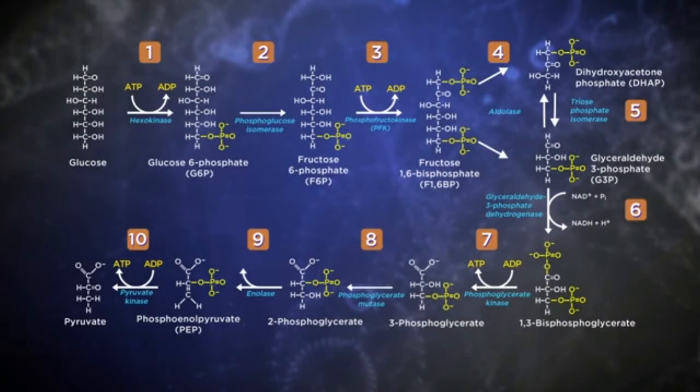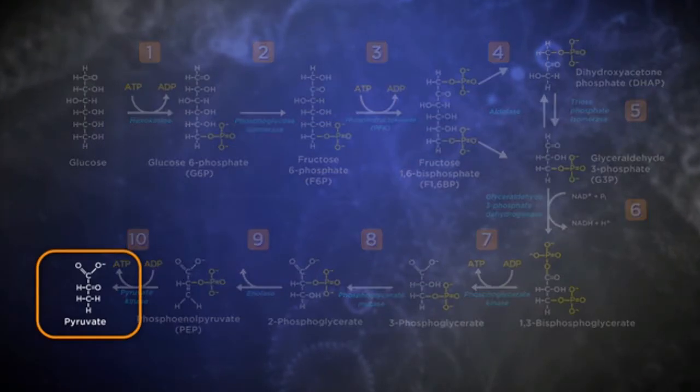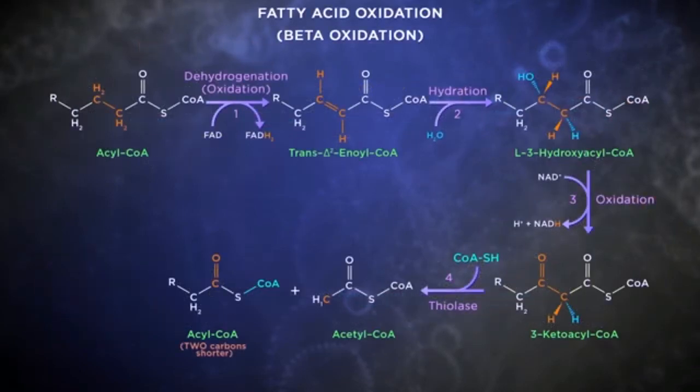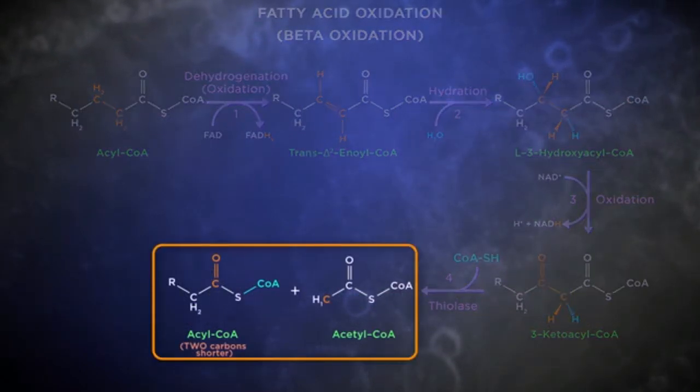We trace the fate of food molecules like sugars and fatty acids through a first set of oxidative reactions to extract energy. For sugars, it was glycolysis that broke the sugars down into 3 carbon molecules called pyruvate. For fatty acids, it was beta oxidation that made the 2 carbon acetyl CoA.